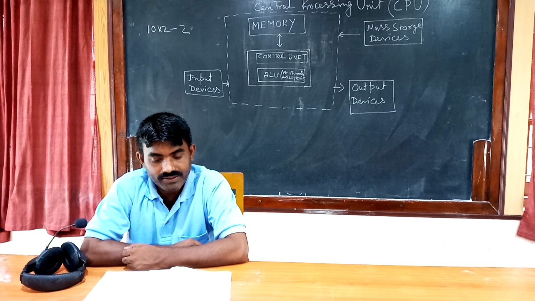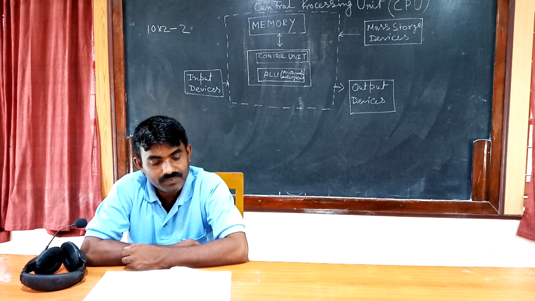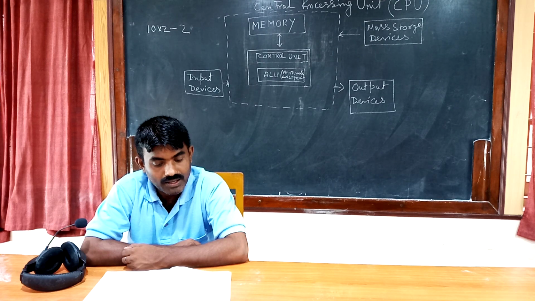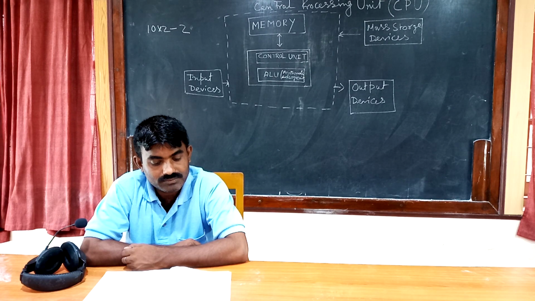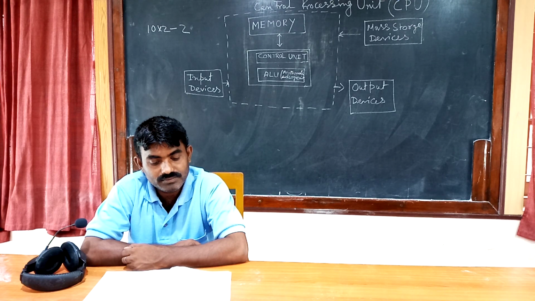So the control unit consists of the PC and the IR. IR means instruction register.